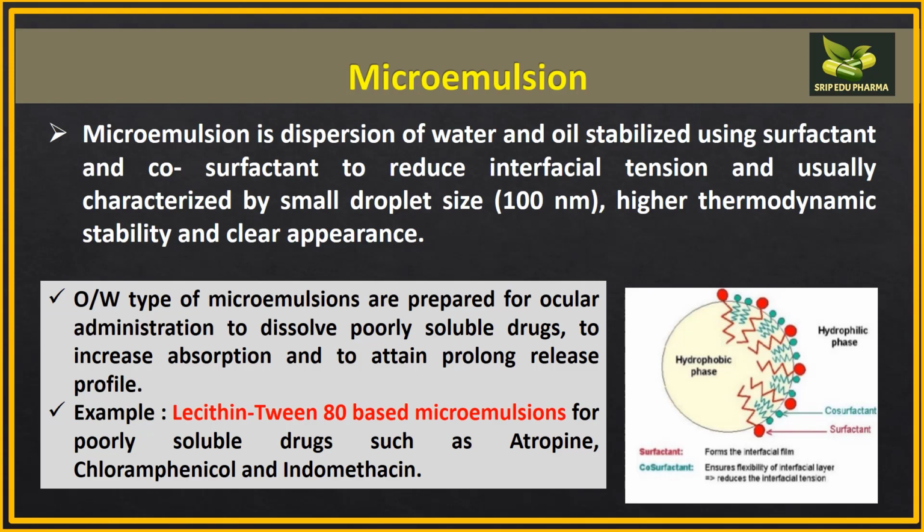So this is the basic of microemulsion. When we see the different parameters, the selection of aqueous phase, organic phase and surfactant co-surfactant systems are very important critical parameters which affect the stability of the system. Now we will see microemulsion with respect to ocular delivery.